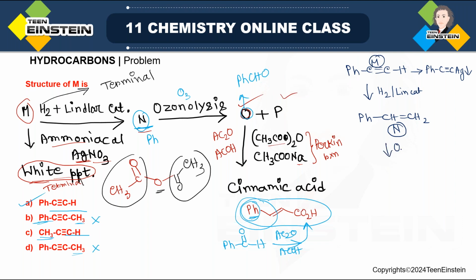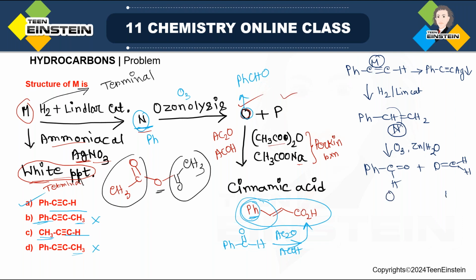Now N is undergoing ozonolysis, and there is zinc water as the reducing agent, because this whole reagent combination is actually ozonolysis. You cannot simply use O3. So from this side you will get PhCHO, and from the other side you will get formaldehyde.